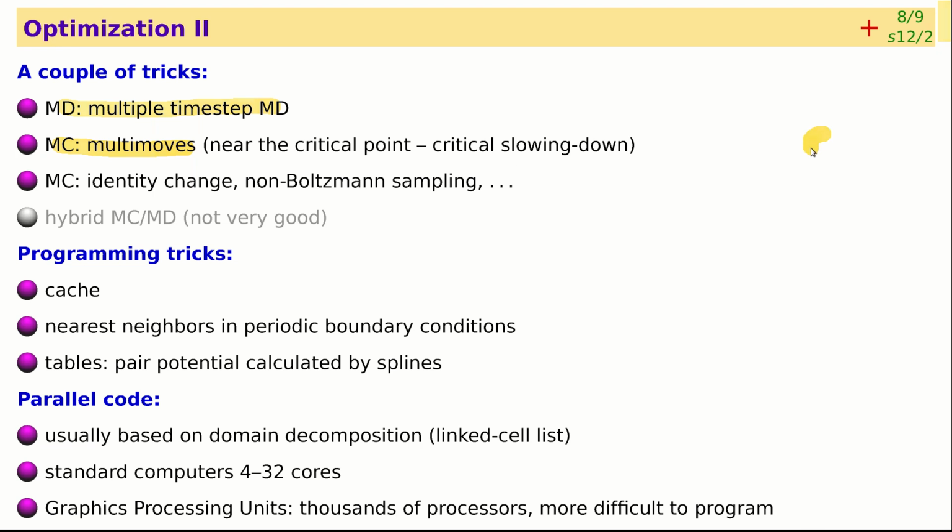In this case, let's have a solute here and smaller molecules around it, and we are interested in what's happening around this solute, let us say a micelle or whatever. So then it's a good idea to sample in Monte Carlo more often molecules that are closer here, but we must do it in a smart way.